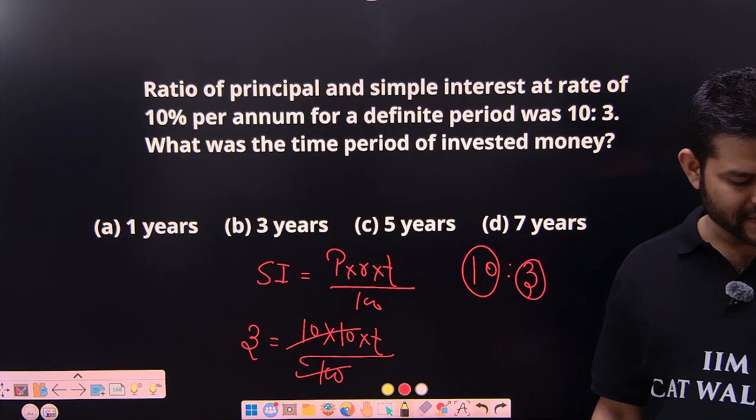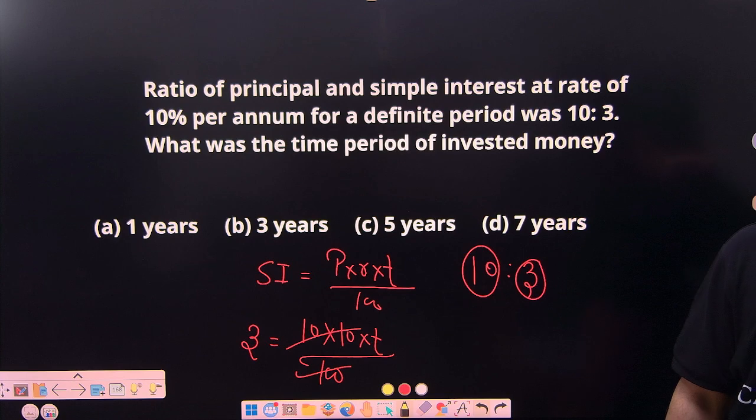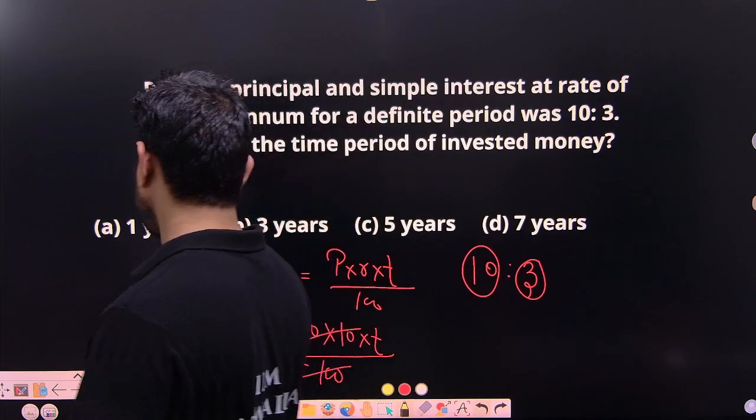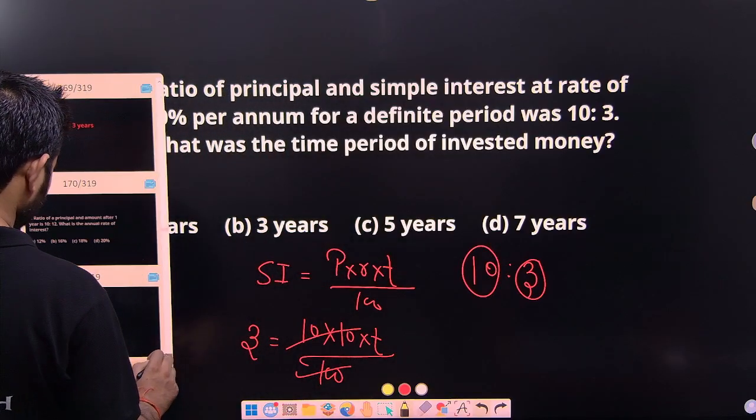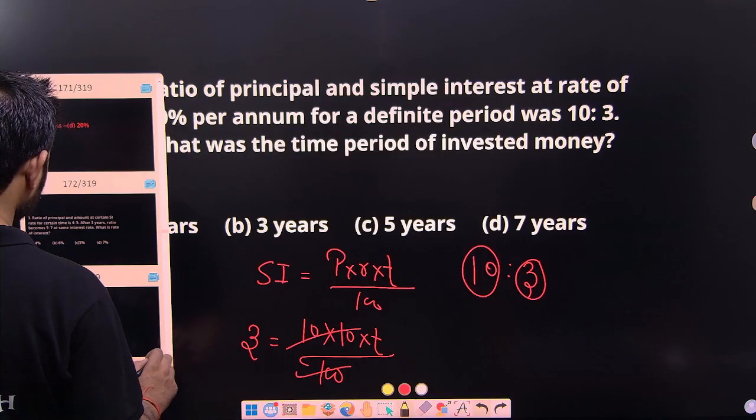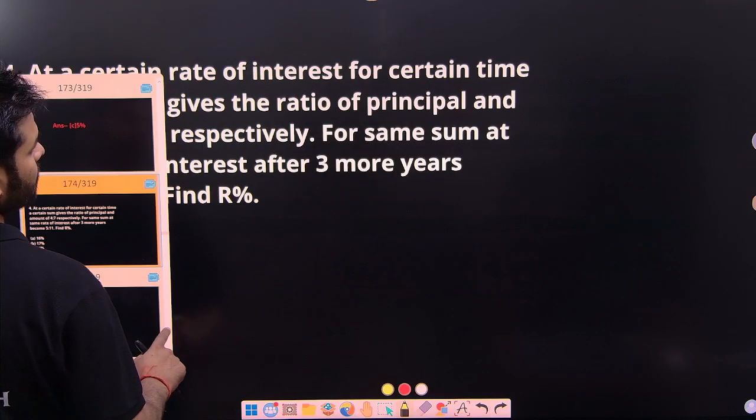The rest of the questions, guys, you yourself can hit, easy questions in this type. If you want, you can solve question number 4, which has a little bit of variation. Take your time.